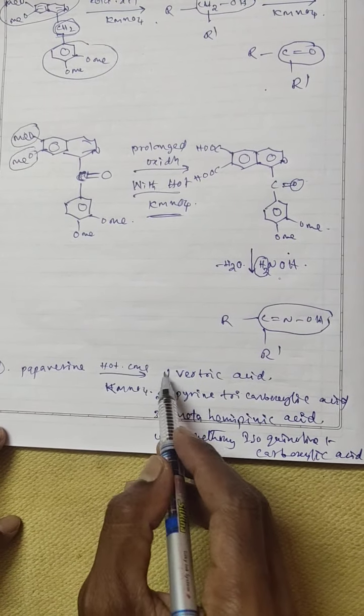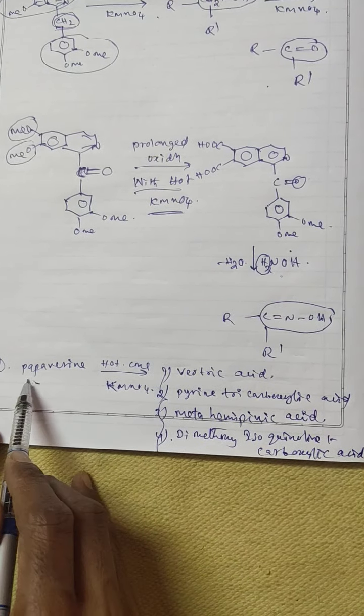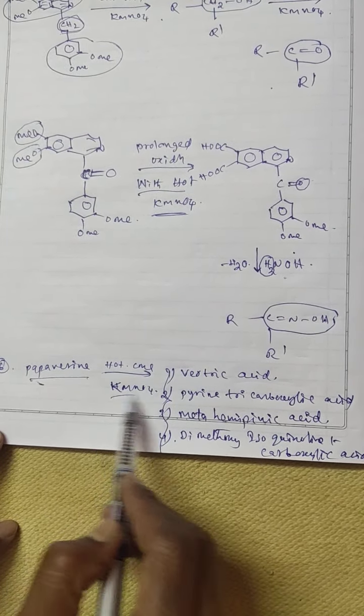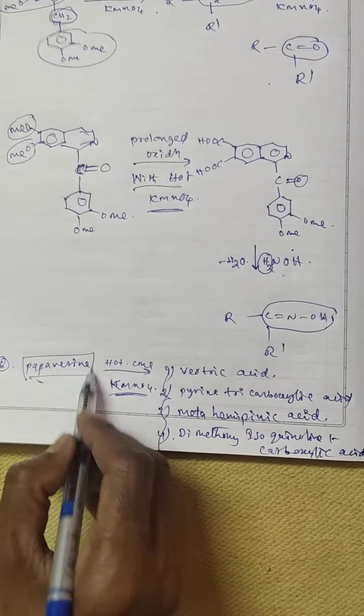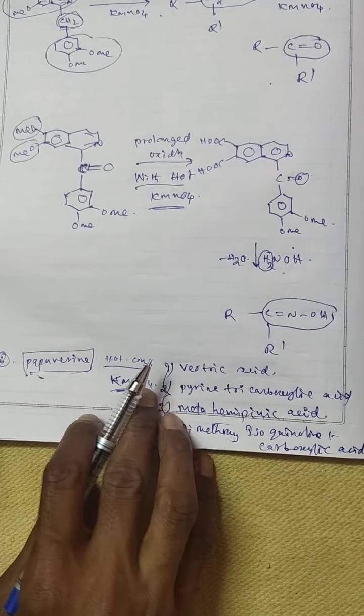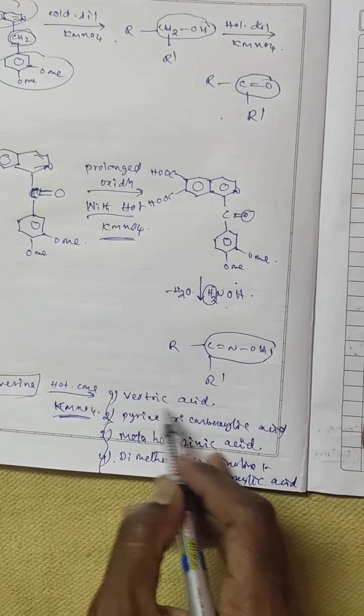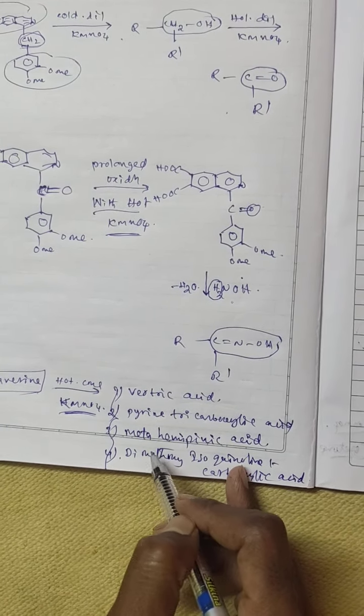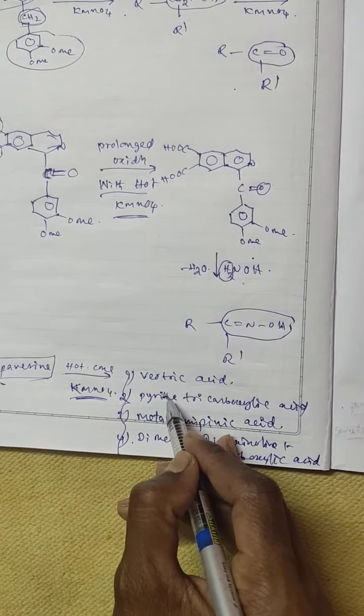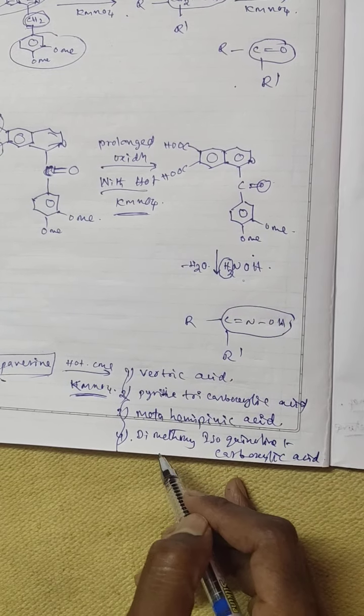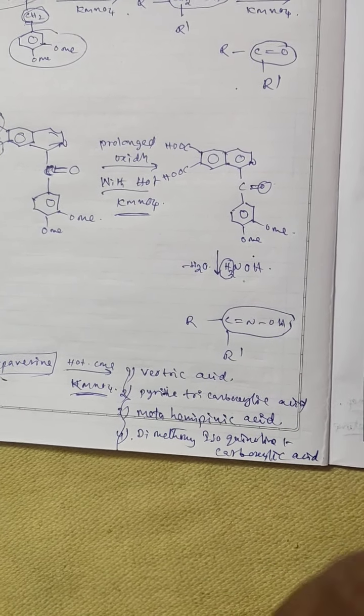So these 4 compounds are formed whenever papaverine reacts with hot concentrated KMnO4, that is, on oxidation with KMnO4. Barytic acid, pyridine tricarboxylic acid, meta-hemipenic acid, dimethoxy isophenolene 1-carboxylic acid.